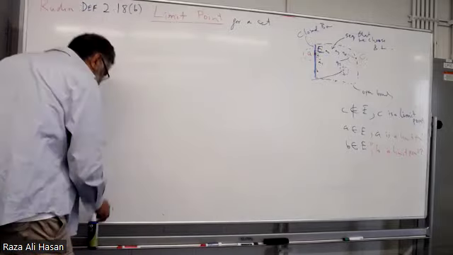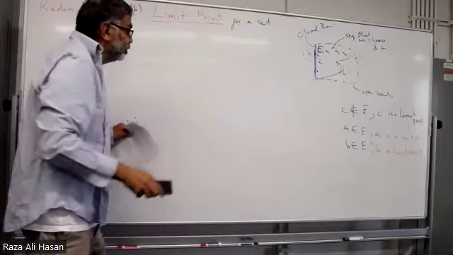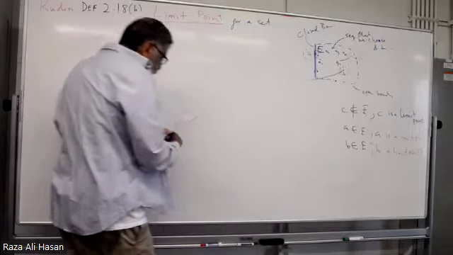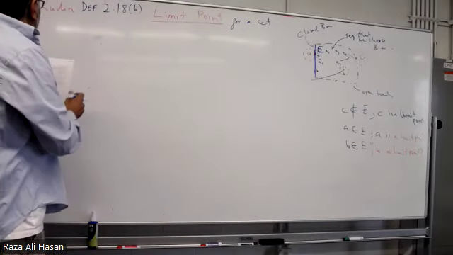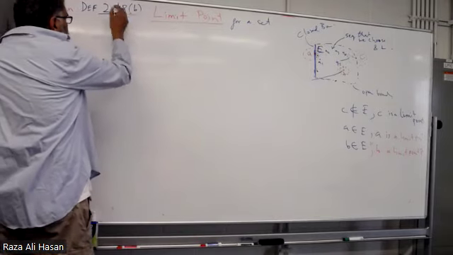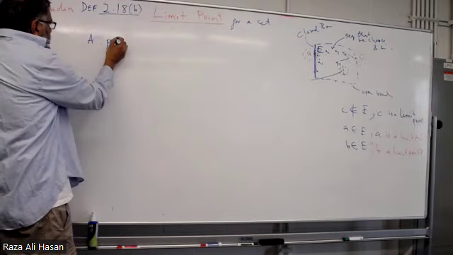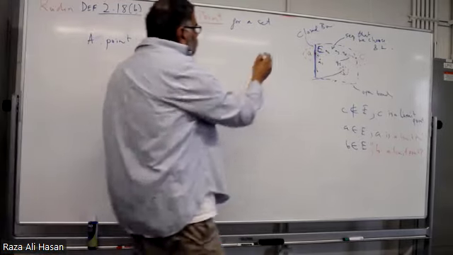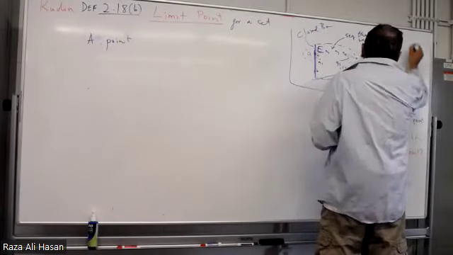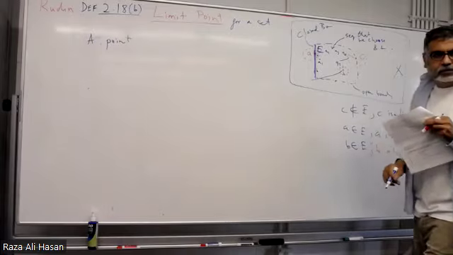All right, now I think the next definition after this is interior point. I'm going to now give you Rudin's definition of what a limit point is. So 2.18(b), he says a point, and we are all in a metric space, for instance, right?